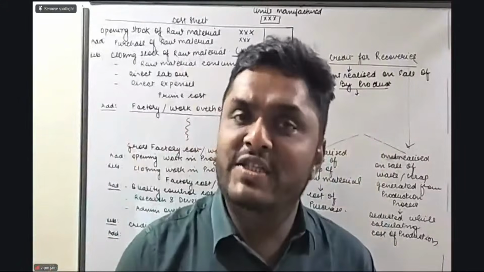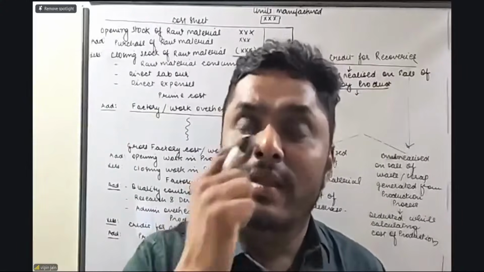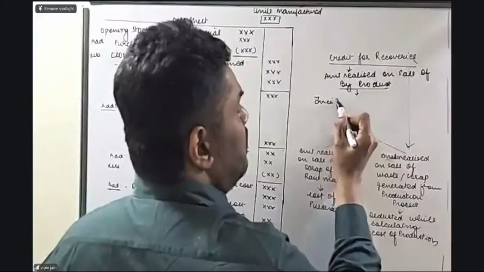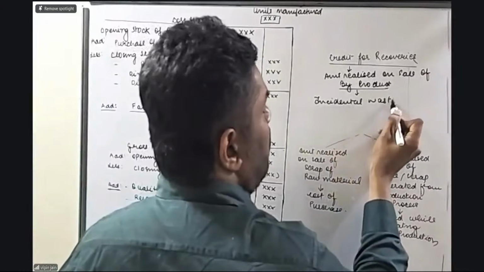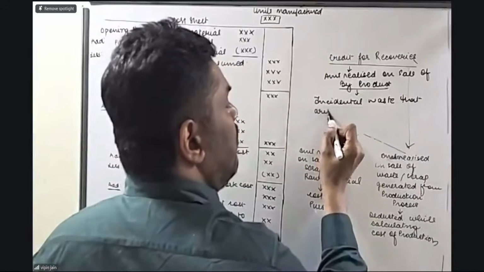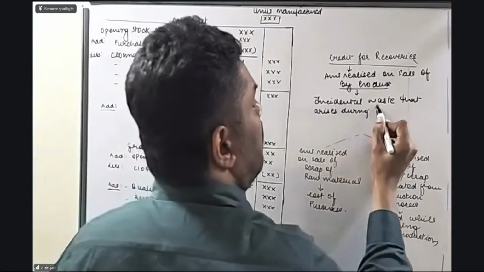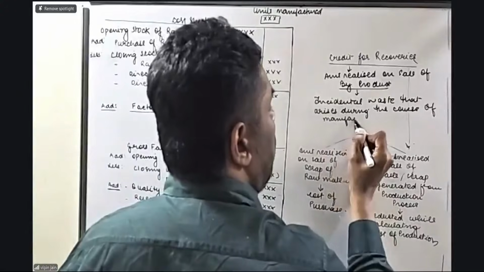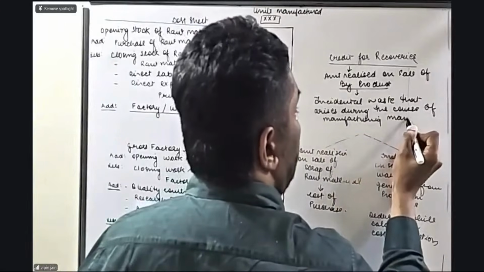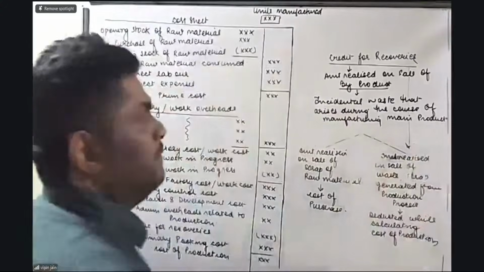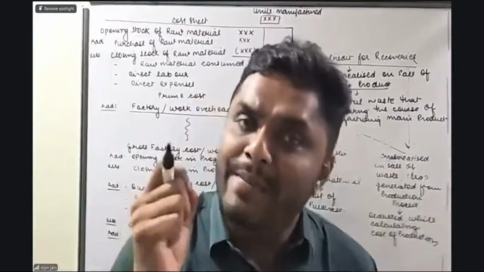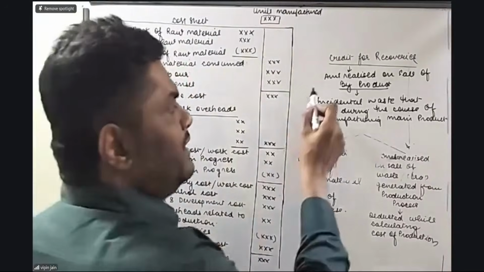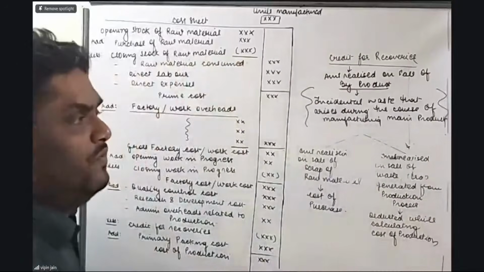I'll write down the definition: byproduct is incidental waste that arises during the course of manufacturing the main product.